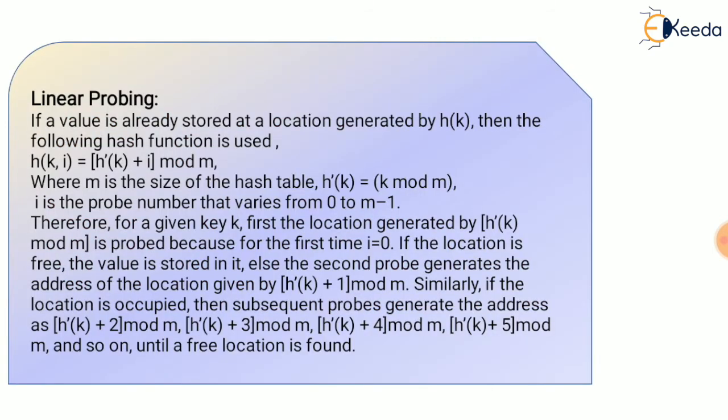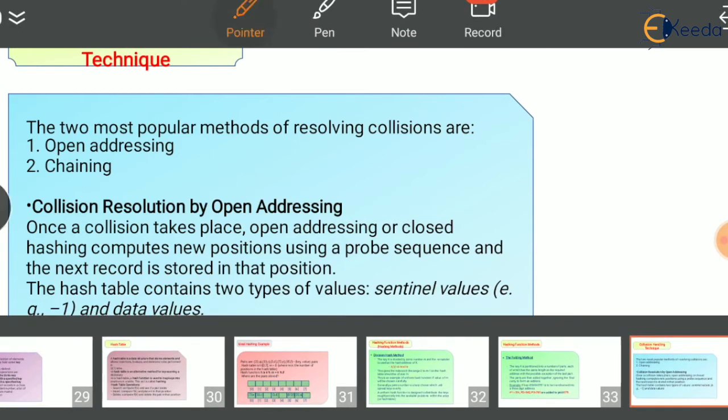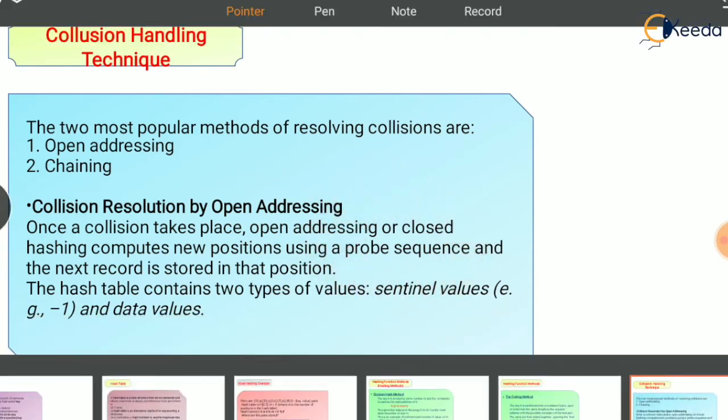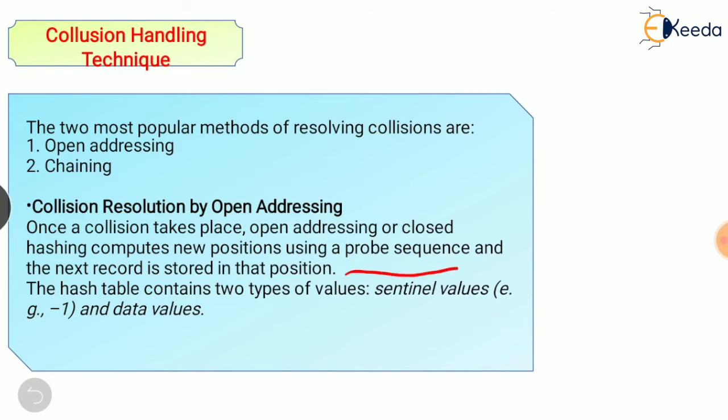Now we are using a probe sequence here, and with the help of an example you can understand what a probe sequence is. And the next record is stored in that position. The hash table contains two types of values. The first is a signature value, for example -1, and the second is data values.